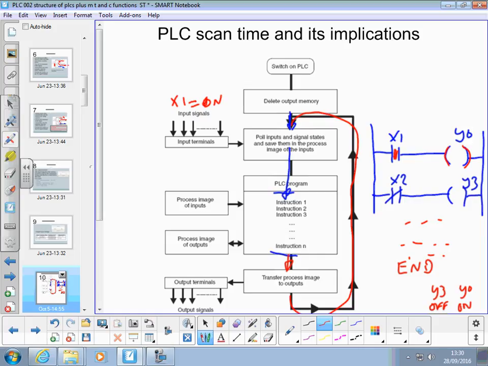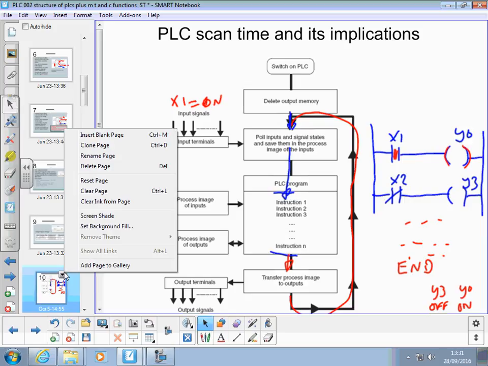So it is a variable, but once you've written your program and your program's a certain size, that time doesn't change. However, there are some implications in terms of that scan time.